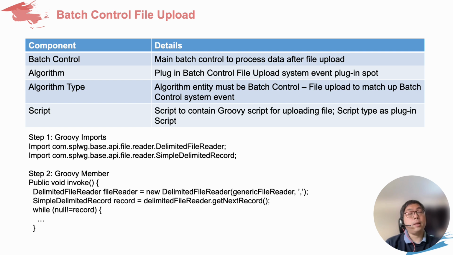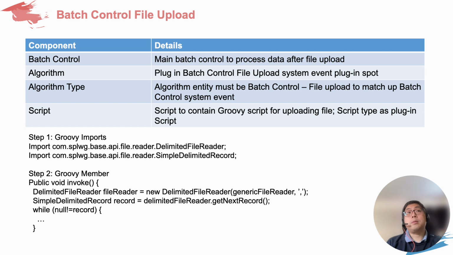However, you can plug in the system event of the batch job, and there are quite a few system events, but one of them is file upload, which means that before the batch is running, you can upload the file, and then the batch would process the records being uploaded.